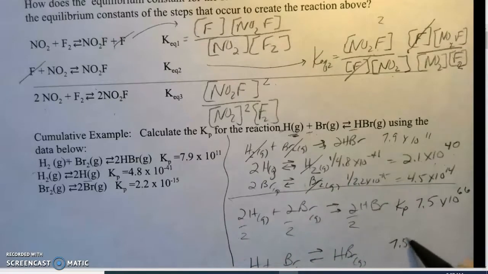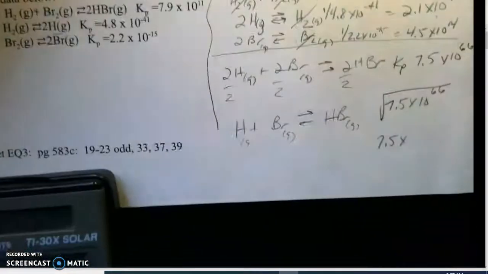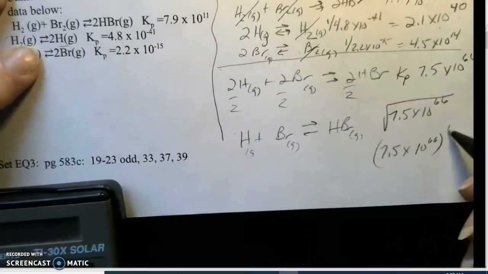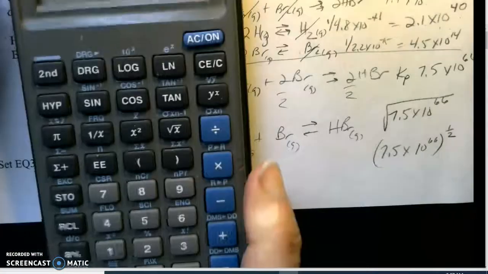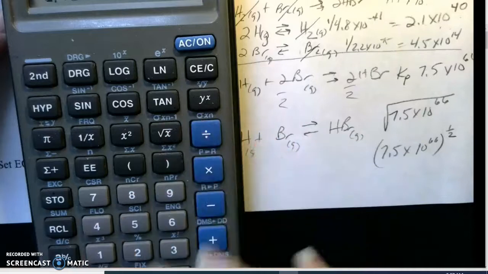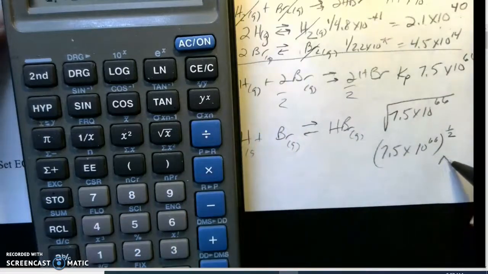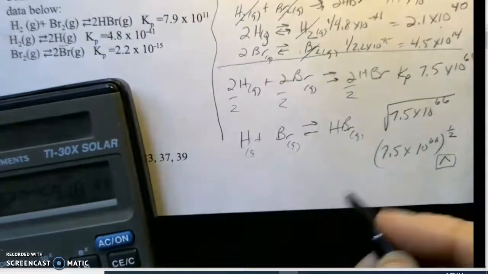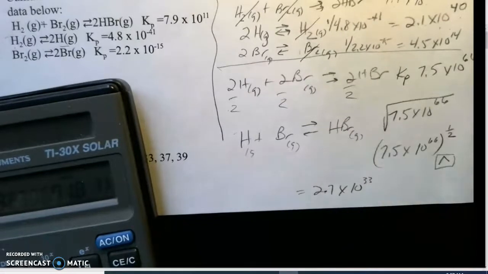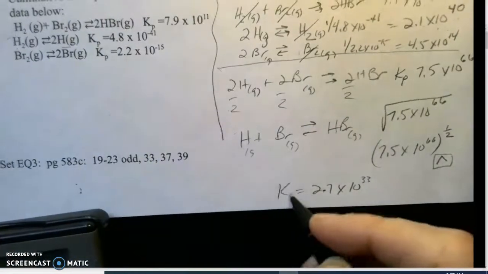So I'm either going to take the square root of this number, or again, if you don't like the idea of square root, square root is just taking it to a power of 1/2. Again, my calculator has the y to the x key. Yours may have that caret button, so that power key. And when you get that, you get 2.7 times 10 to the 33 as your combined Kp of this reaction.